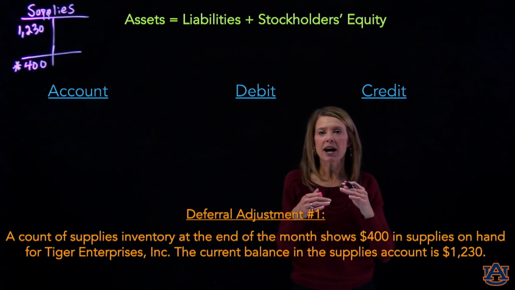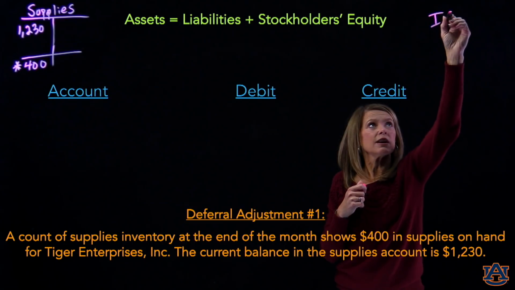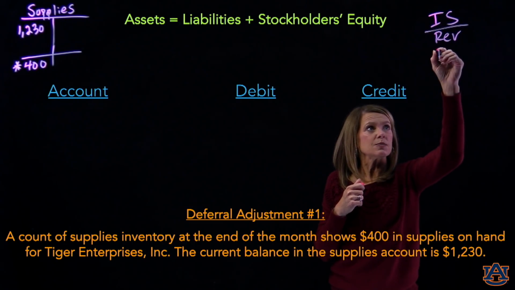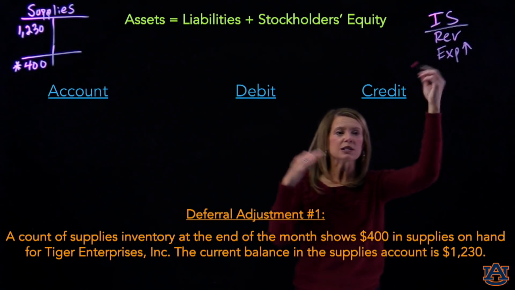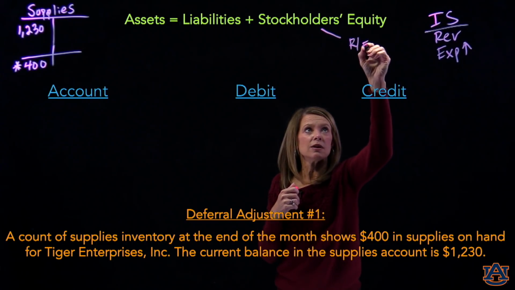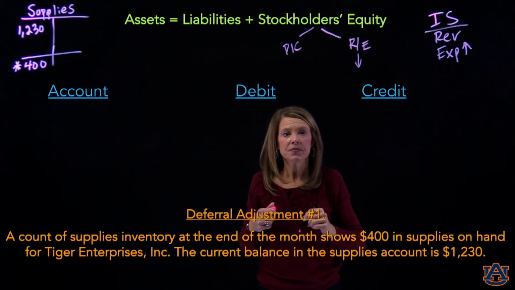So if we want to think about the transaction analysis side of this, on the income statement we have revenues and expenses, and we've already talked about how when expenses go up, we have a corresponding decrease to our retained earnings. That's the impact of what's going to happen there.